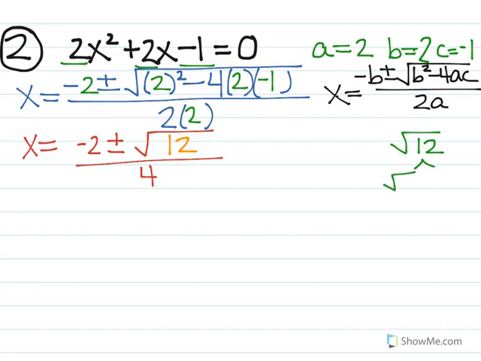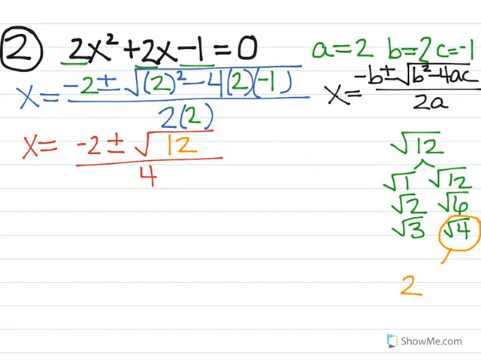So if you list all of its factors, right, 1 and 12, 2 and 6, 3 and 4, you'll notice that of those numbers, the largest perfect square in this list is 4. The square root of 4 is 2, and then we just bring down the radical 3 because we can't simplify that any further.